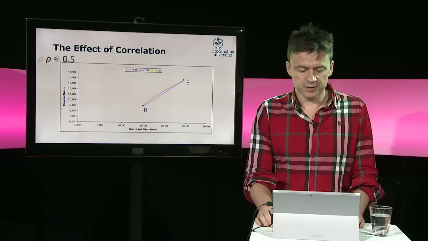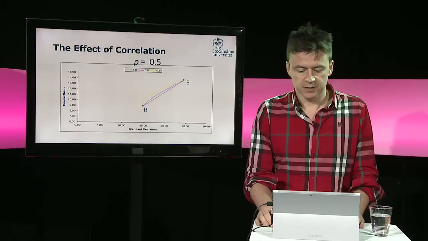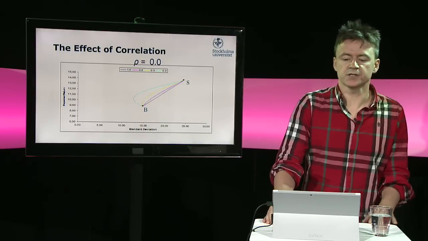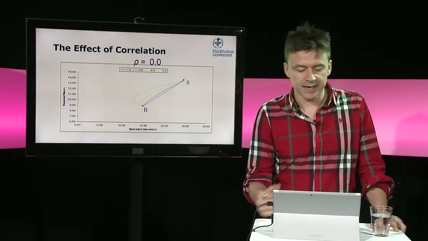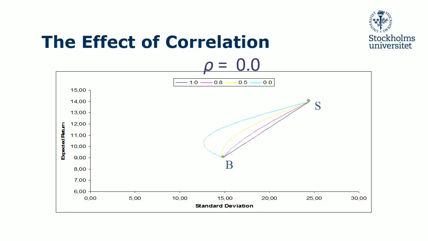But if we lower the correlation a bit more, things start looking a little bit better. And if we do it even further, for example, we lower it to 0, we start getting that clear bending to the left, where we see that a full investment in the bond is clearly inefficient, and where we can establish clearly a distinction between the efficient part of the curve and the inefficient part of it.